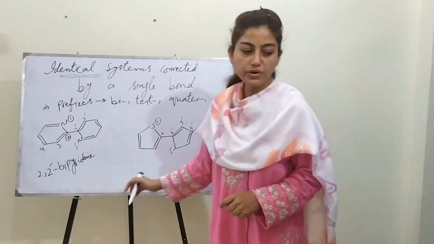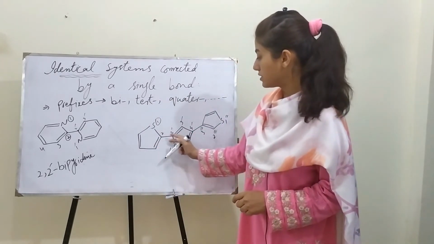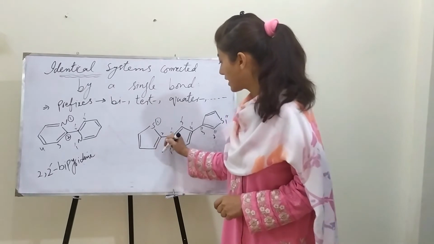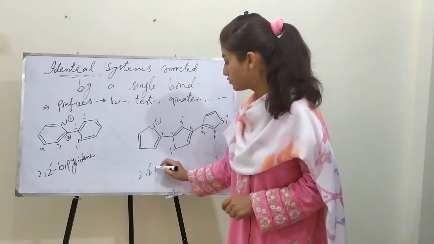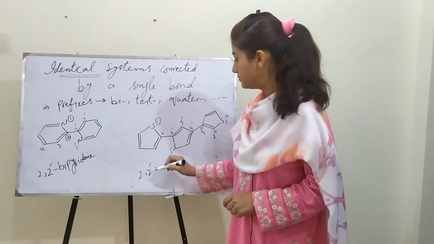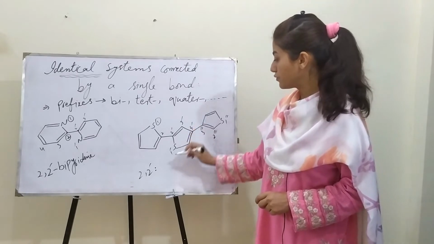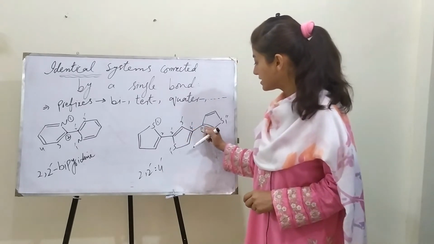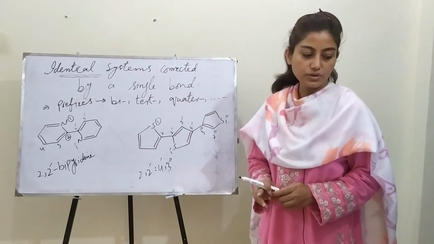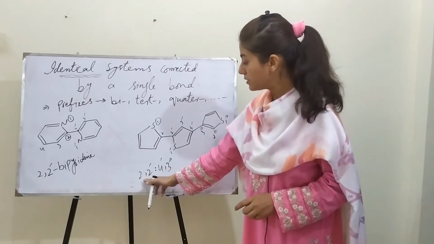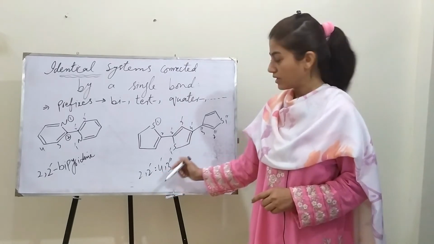So now their numbering would be represented as, here we use the first 2 rings, that is 2 and 2 prime, then here there would be a colon, and then the position on the other heterocycles, that is 4 prime, which is connected with 3 double prime. So in this way they would be separated by comma, and 2 rings would be separated by colon.